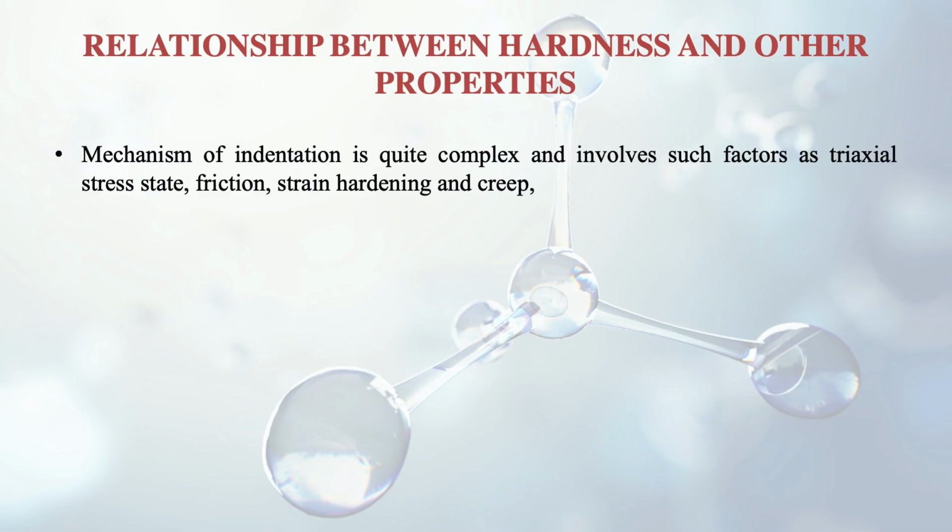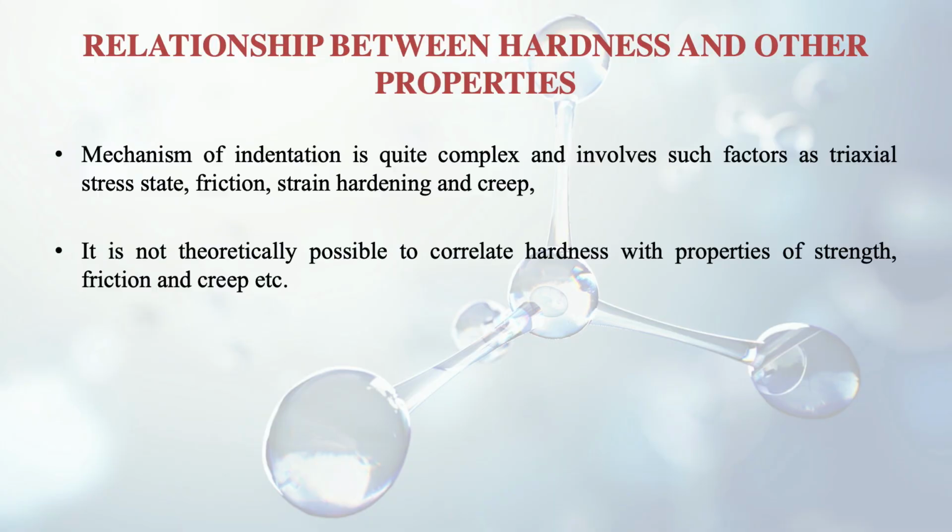The mechanism of indentation is quite complex and involves such factors as triaxial stress state, friction, strain hardening and creep. It is not theoretically possible to correlate hardness with properties of strength, friction and creep.